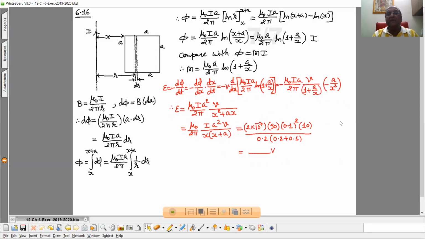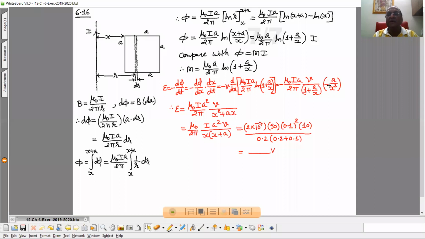So the differentiation is 1 upon 1 plus a by x. But we have to differentiate this bracketed term also, because inside it x is also there. The differentiation of 1 is 0, but the differentiation of a by x is minus a upon x square.